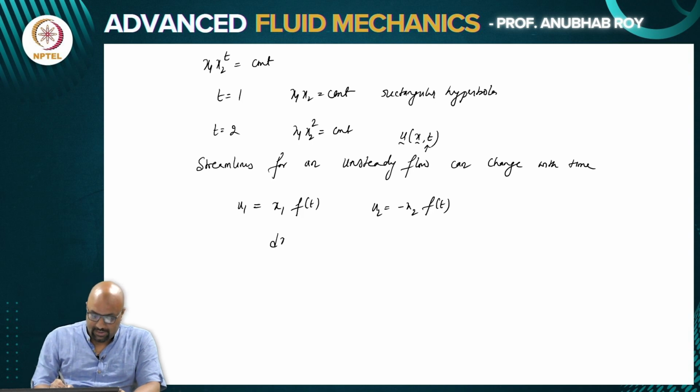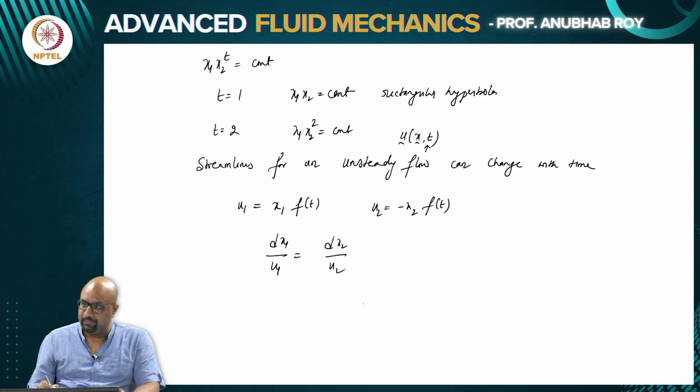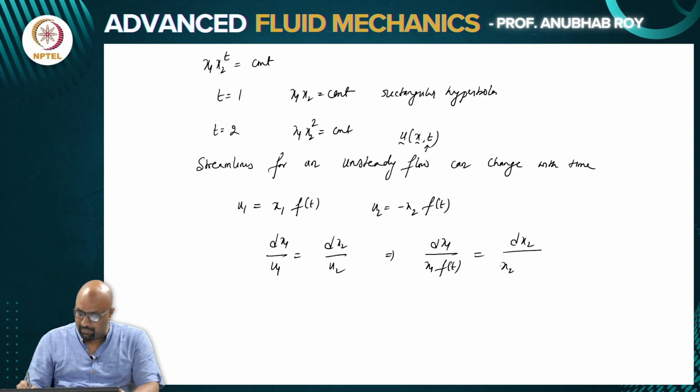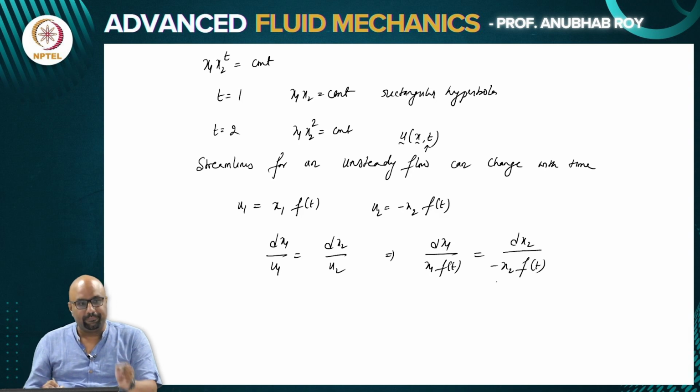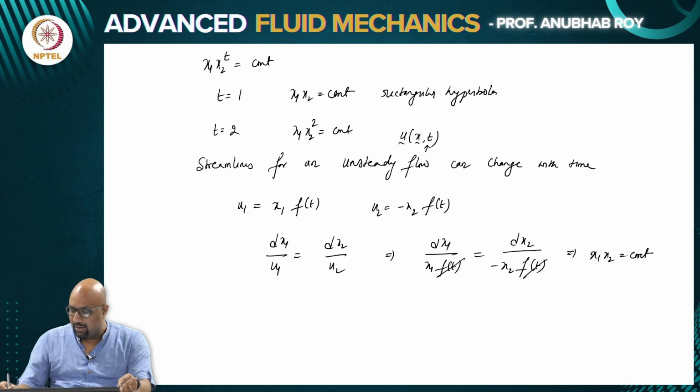Now, you do the exercise dx1 by u1 equals dx2 by u2, and this gives us dx1 by x1 function of time, dx2 by minus x2 function of time. Now, we have already said that t is a parameter. T is to be considered fixed when we are finding the streamline, which means I will get back the same equation for a streamline.